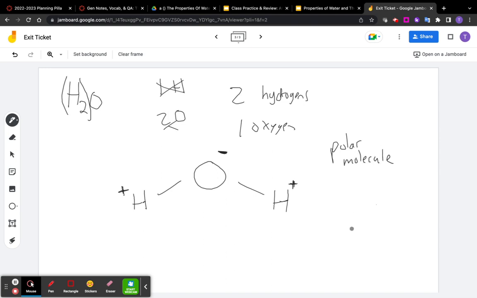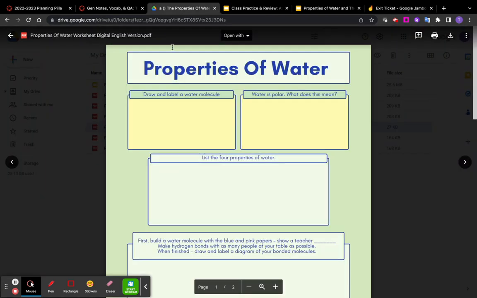Polar, like think of the Earth, right? The Earth has a North Pole and a South Pole. It's polar, it has two separate sides. That's what this means. Polar means that there are two different charges on here, a more positive side and a more negative side. Now that does a lot of cool things for water. Make sure you draw and label the molecule here, and what polar means right here.